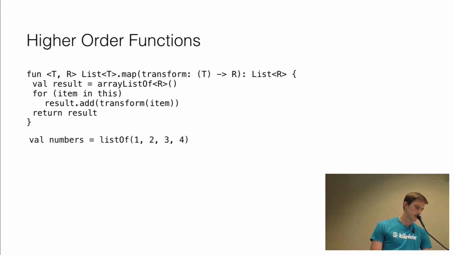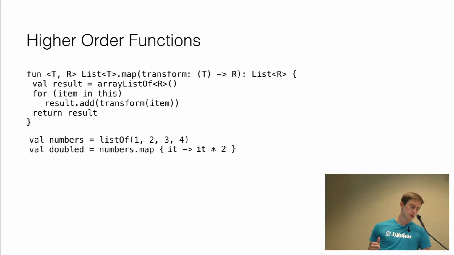So what that gets us is, let's say I have a list of numbers. I can map those numbers to take each number individually, multiply it by 2, and throw it back in the list. So now we have a doubled list of 2, 4, 6, 8 on this second line.